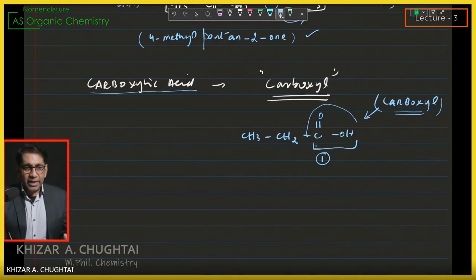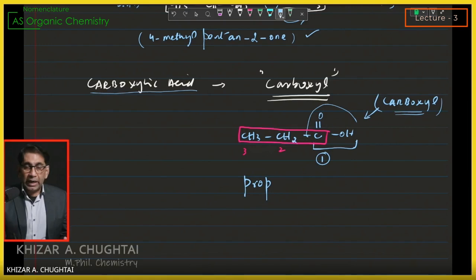So in this case, I'm going to select the longest chain. One, two, three. Only three carbons, no branch. Three carbons in the longest chain: carbon number one, carbon number two, carbon number three. And you will write the name of the compound. There is no branch, so I'm starting from the chain portion. So prop, for three carbons in the longest chain.